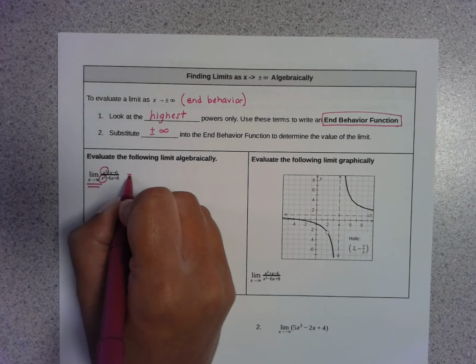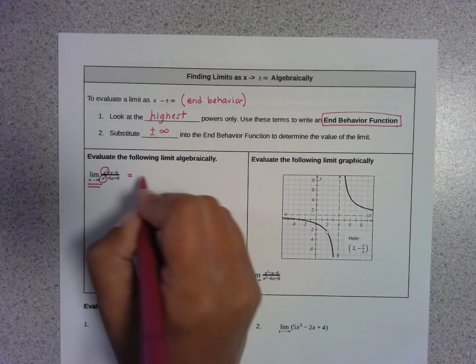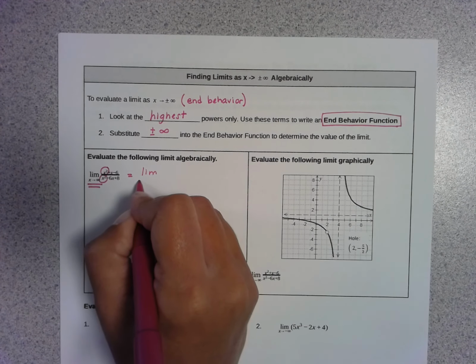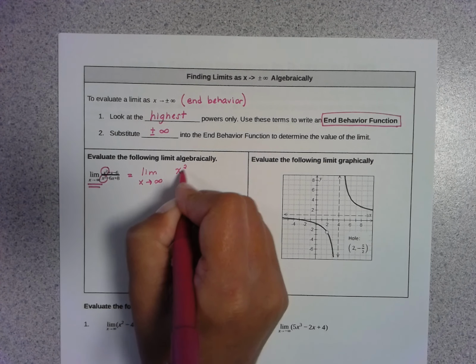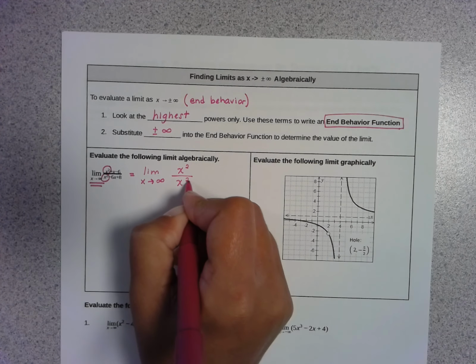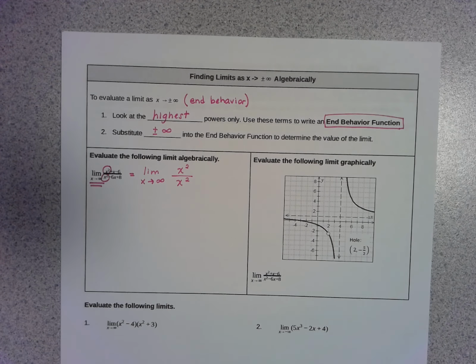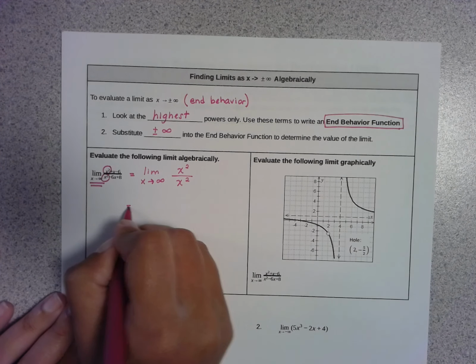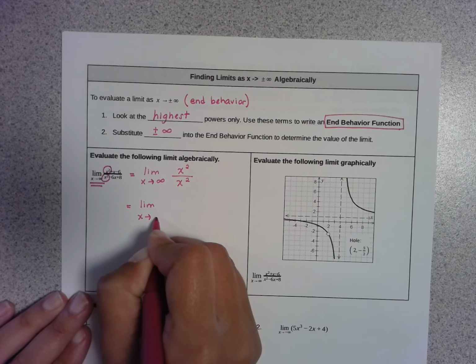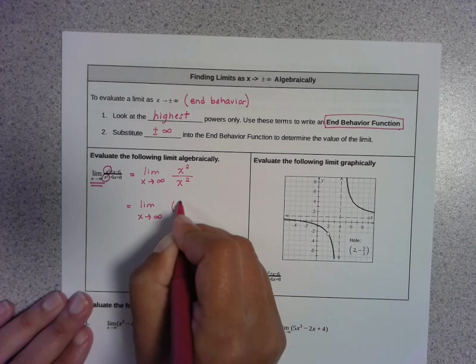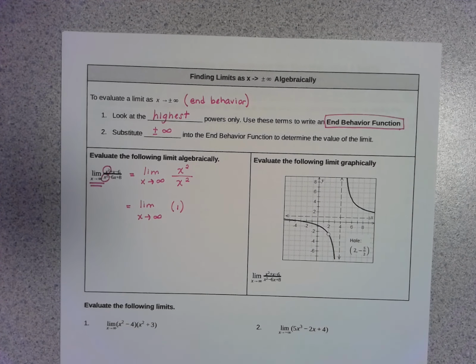So I can find this limit by looking at the limit of the highest powers only, which is x squared divided by x squared. Now, x squared divided by x squared simplifies. So because I can simplify this, I'm going to go ahead and do that before I try substituting my value, which is, it simplifies to just 1.